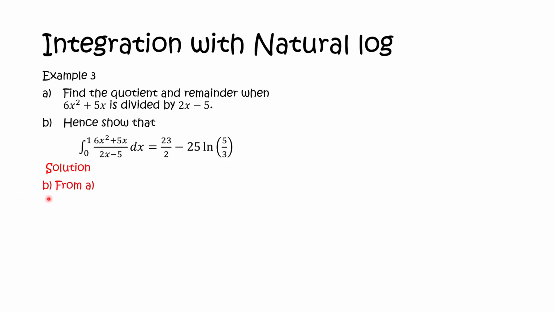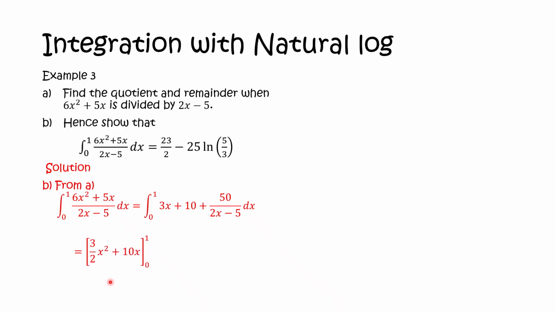So moving on from A, we know that if we integrate from 0 to 1 the expression 6x squared plus 5x divided by 2x minus 5, we are going to get what we have on the right hand side. Then we integrate term by term, because that's how we can integrate.